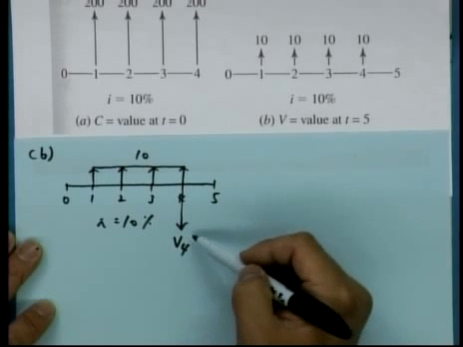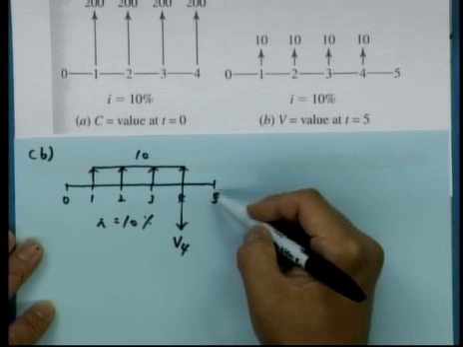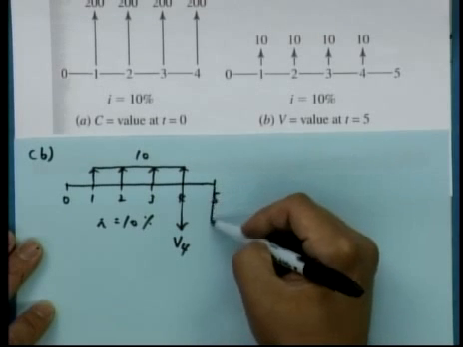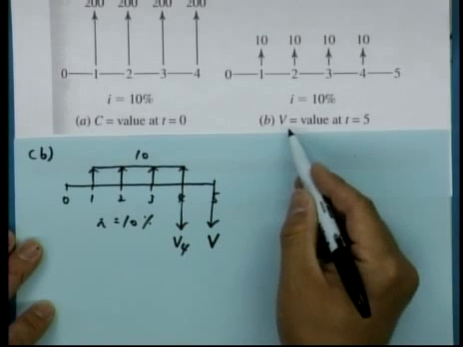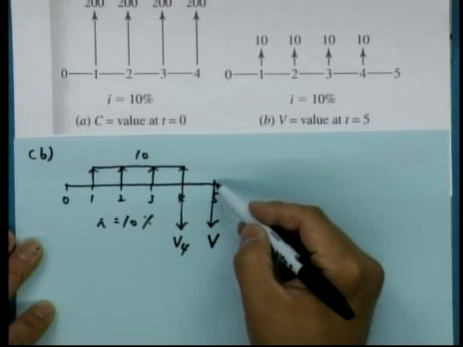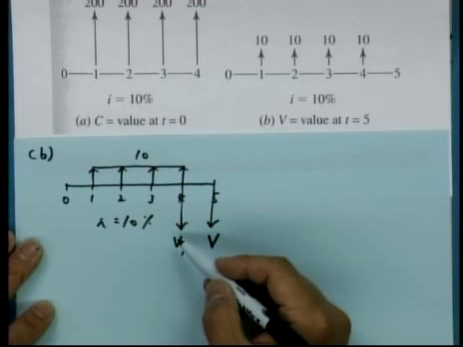And then this V sub 4 can be converted to an equivalent future value, which is the original V value, at the end of period 5, right? In that case, the V sub 4 can be considered as a present sum.